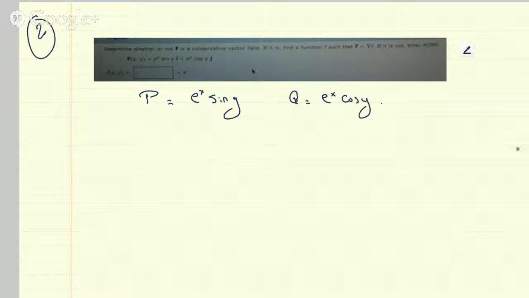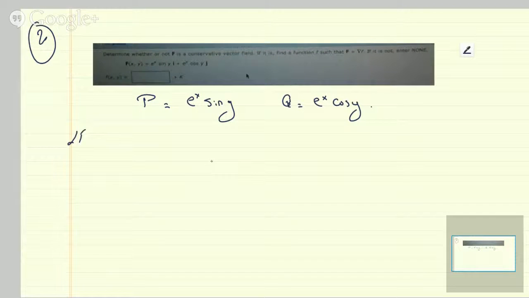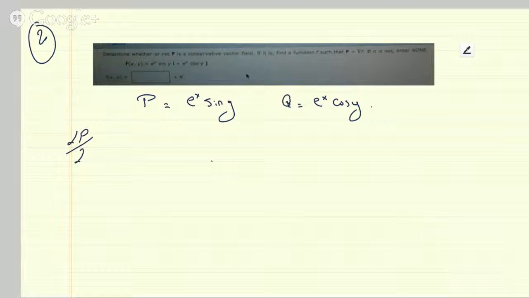We perform the test because the theory says if it turns out that the partial derivative of P with respect to y is equal to the partial derivative of Q with respect to x, then it would be conservative. So let's see if that is true. We take the partial derivative of P with respect to y, where we fix x and differentiate with respect to y.